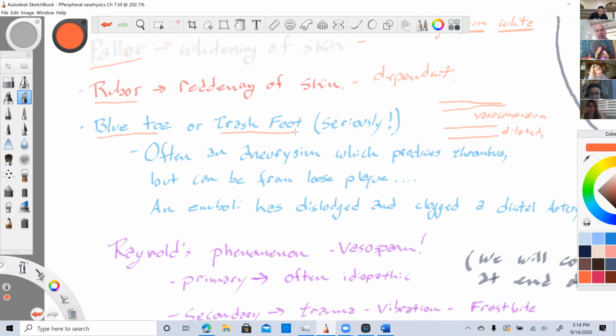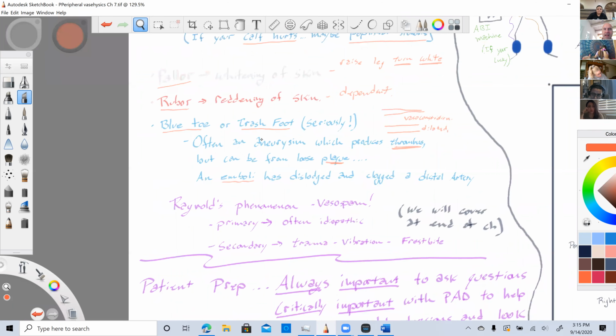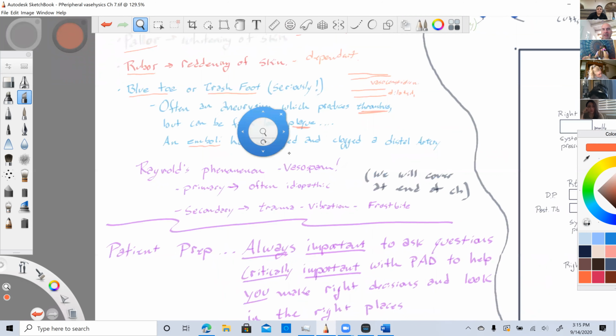That can be from loose plaque, just like a stroke, except it's not going to your brain, it's going to your foot. An emboli, either a thromboemboli in the case of thrombus, or a plaque emboli, has dislodged and clogged a distal artery.